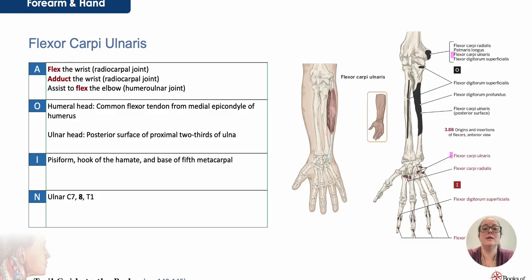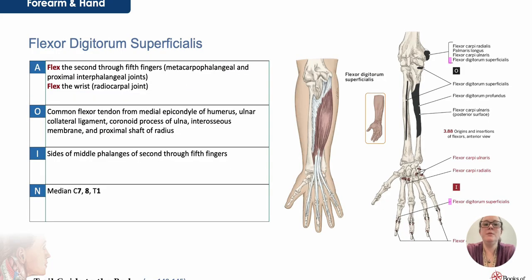I know, this sucks. Flexor carpi ulnaris. What's it do? Flexes, and it adducts, flexes the elbow, goes across the carpals. It's on the ulnar side typically. Notice most of these start at the medial epicondyle.